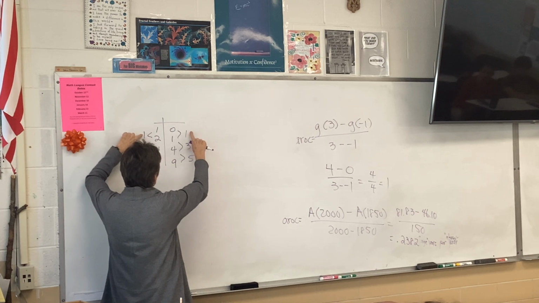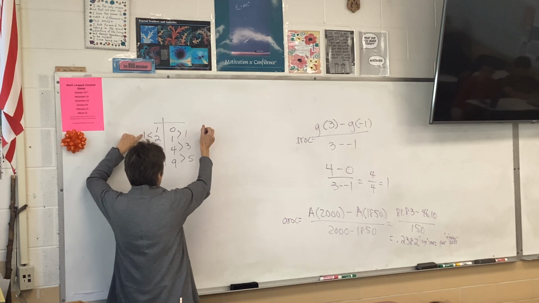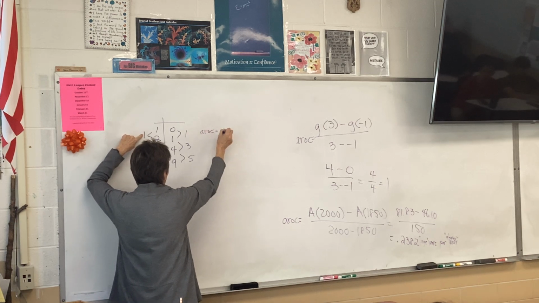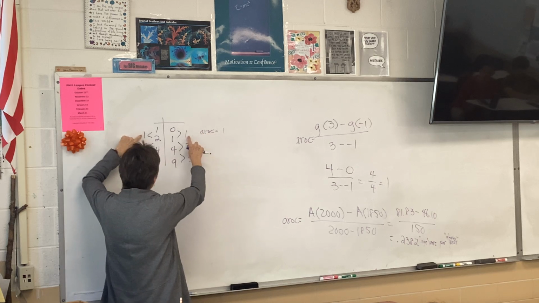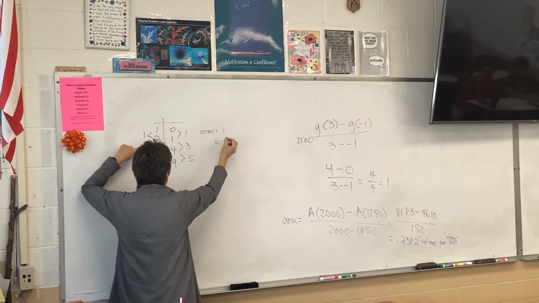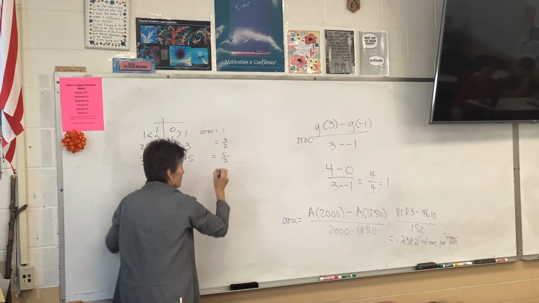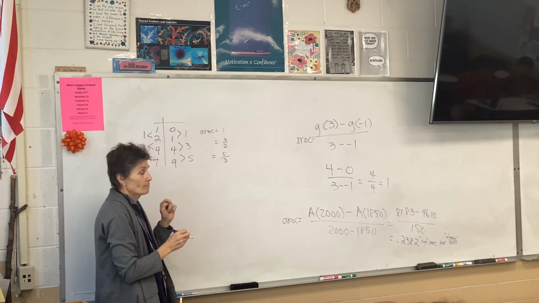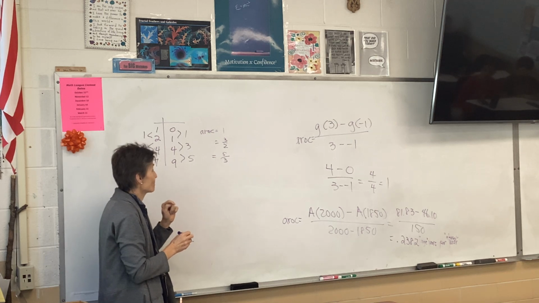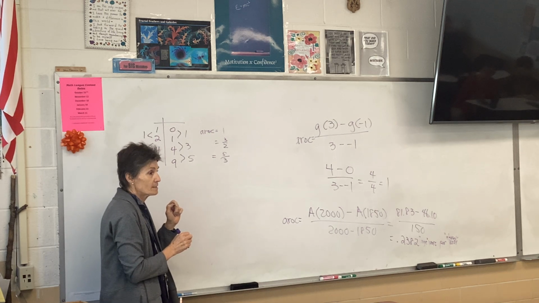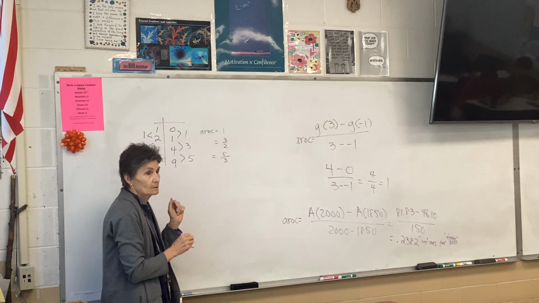For the first two data points, the average rate of change would be 1. For these, it would be 3/2, and for these, it would be 5/3. So our conclusion is, we don't have a clue. We don't know.